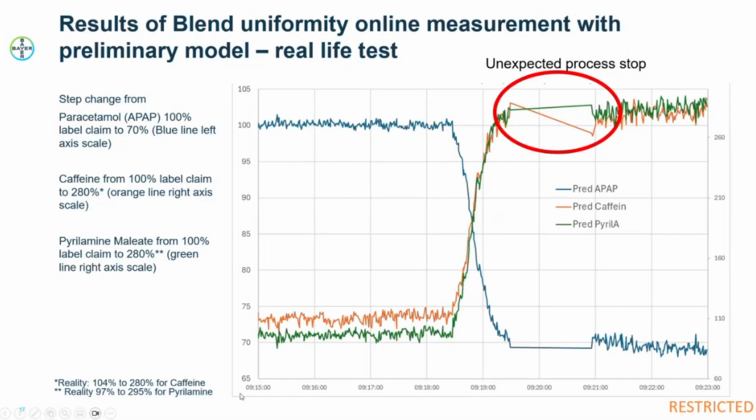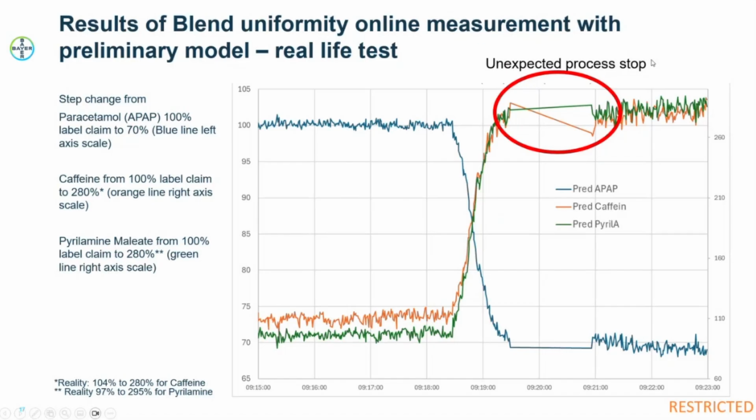This is the axis for the APAP concentration change, and you can see nicely that it converts from 100 to 70%. The concentration change for pyrilamine and caffeine is noted on that axis. And caffeine goes from 100% label claim to 280%. That's the orange line. Pyrilamine maleate is the same range, and it's the green line.